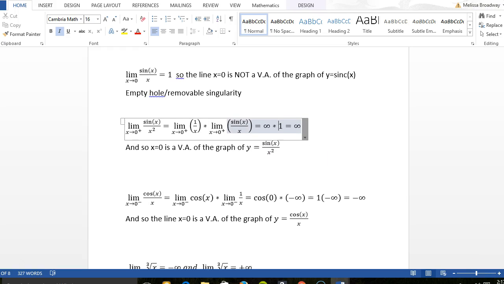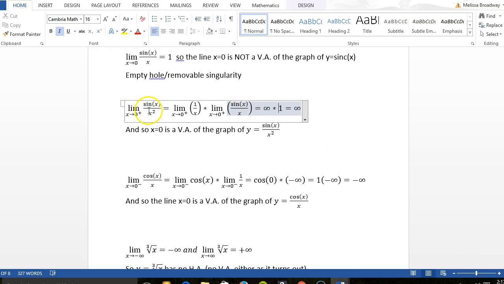Now, for sine we went to x squared. You know, x wasn't good enough. Now for cosine, x is good enough, because cosine doesn't vanish at 0. So, in fact, you can break this up. Cosine times 1 over x is cosine x over x. Now the limit as x goes to 0 from the left: cosine is just totally continuous. x could go to 0 itself as far as the cosine cares.